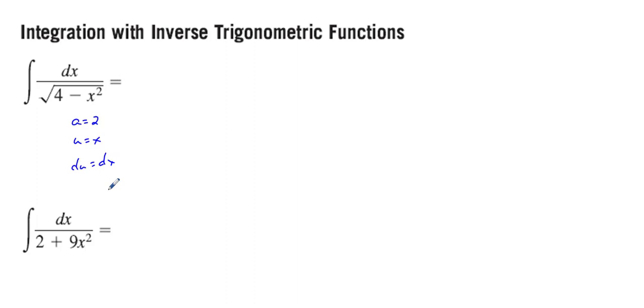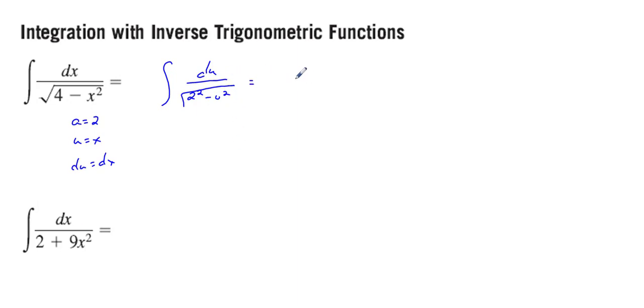So in a sense, we would have the antiderivative of du over the square root of 2 squared minus u squared. And that's the sine one, isn't it?